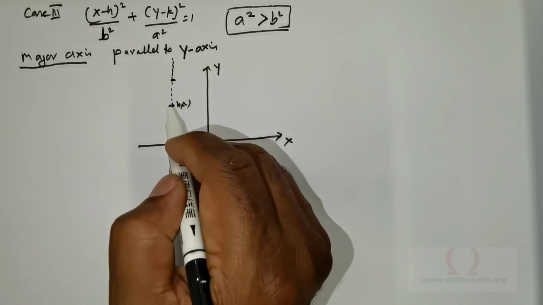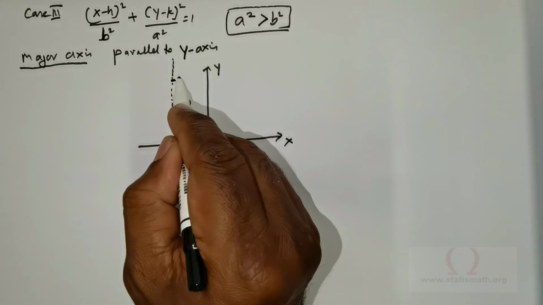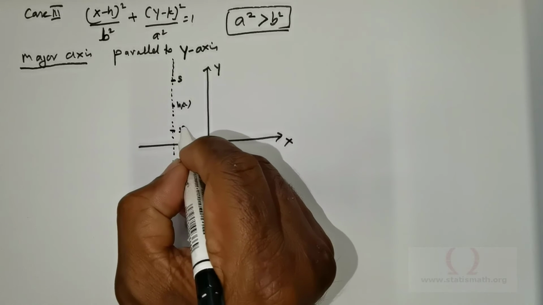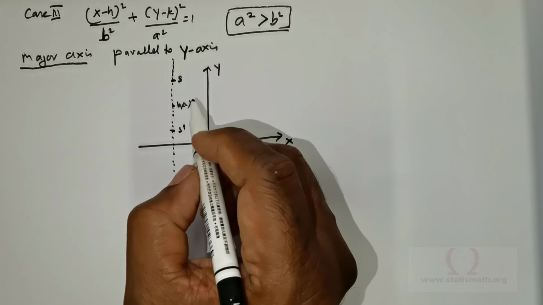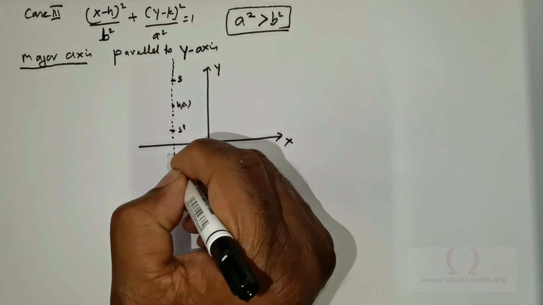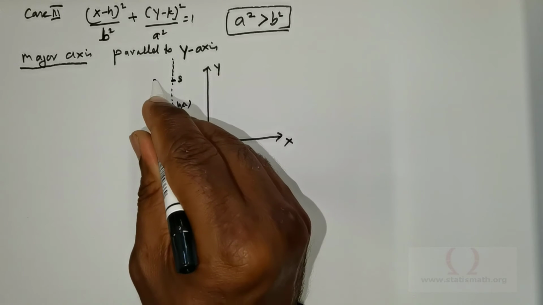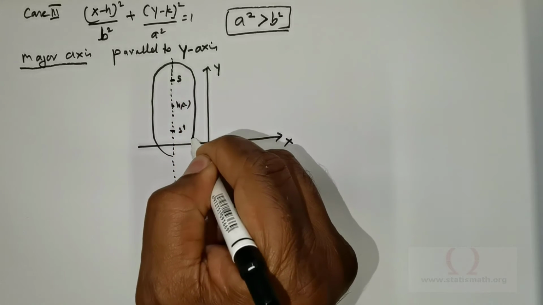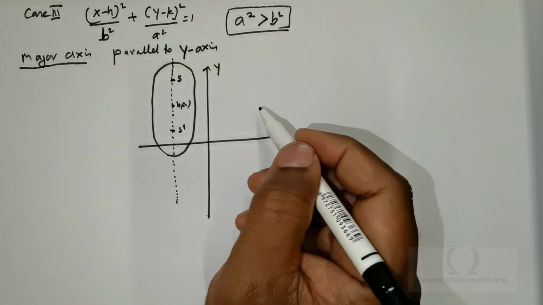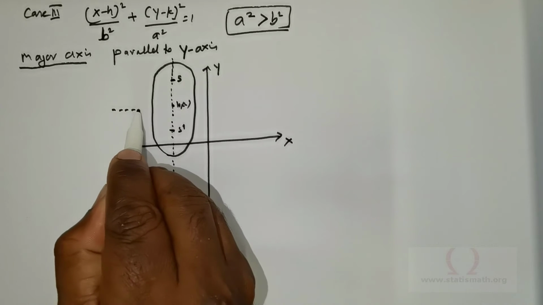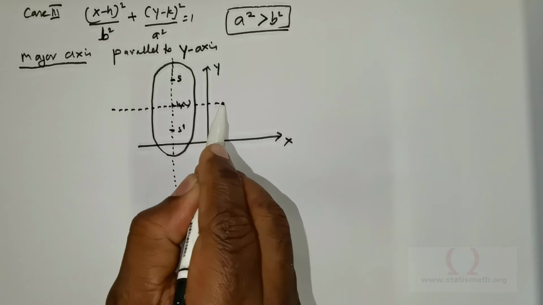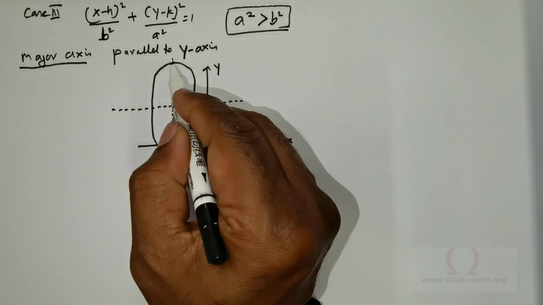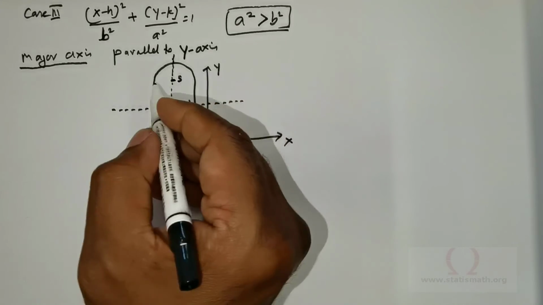The foci will be along this axis, so it's going to be S and S dash. Now if I were to draw the ellipse, it would be something like this. These would be the minor axis, and this is the major axis. Have that in mind.